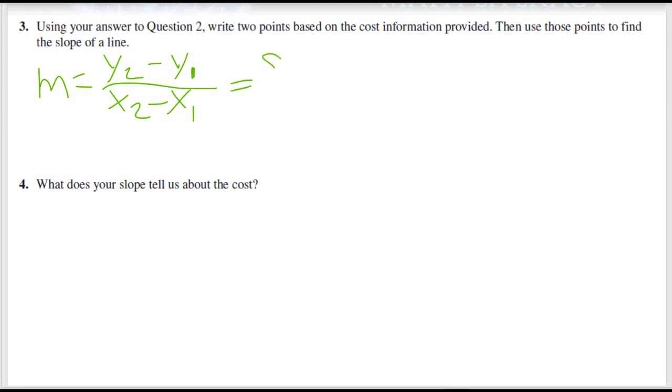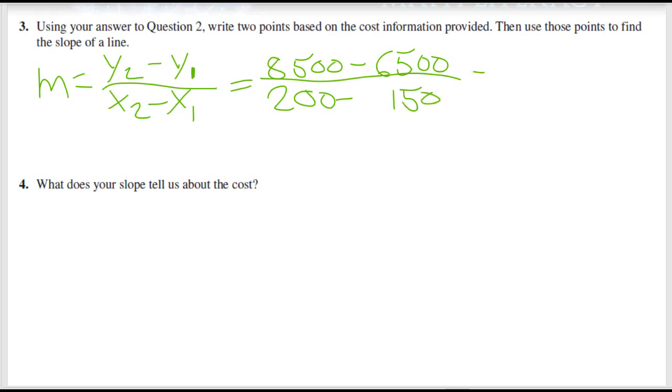I'm going to put the 8,500 first, so I don't have a negative. 8,500 minus 6,500, divided by, I need to make sure my 200 comes first now, so that it's with the 8,500, and my 150 is over here. So we didn't have the slope exactly given to us, but we were in fact given 2 points. We can calculate the slope.